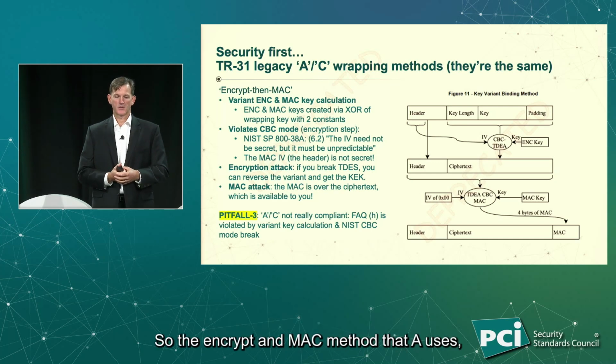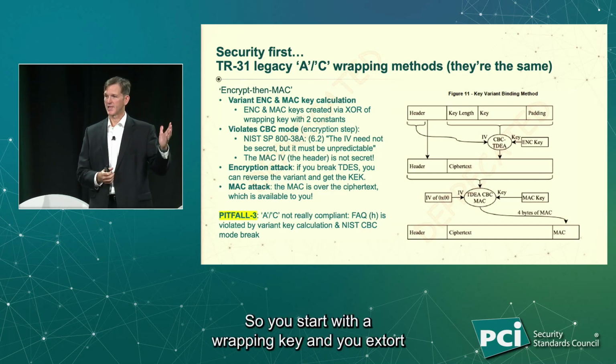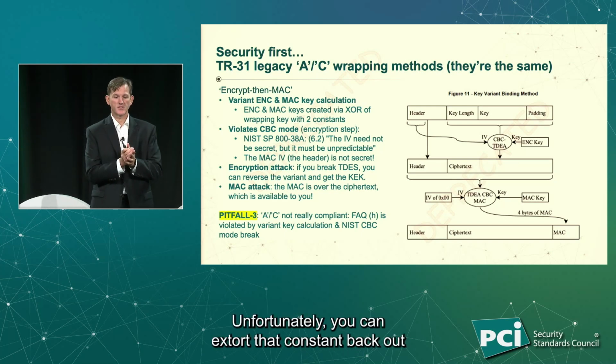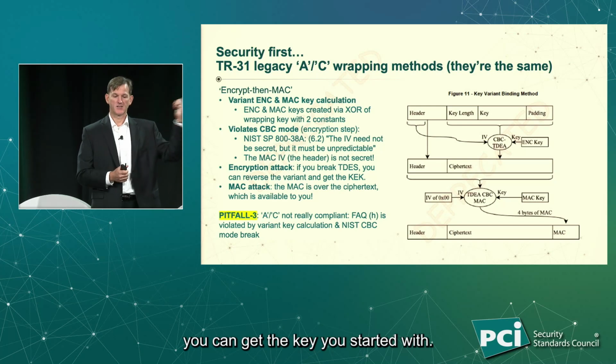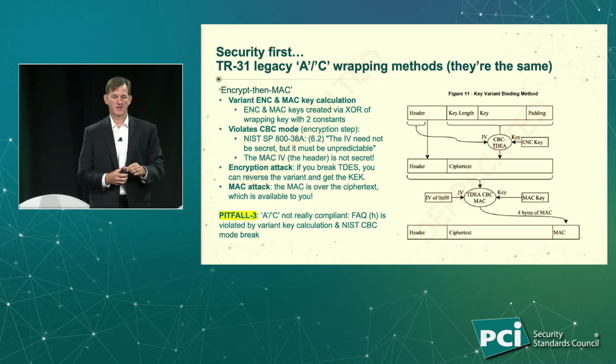The encrypt then MAC method that A uses uses a variant calculation. So you start with a wrapping key and you XOR it with a constant value. That's the variant method. It's very simple. Unfortunately, you can XOR that constant back out because it's published. If you have broken the wrapping key, you can get the key you started with. So that's why the variant method's not great.